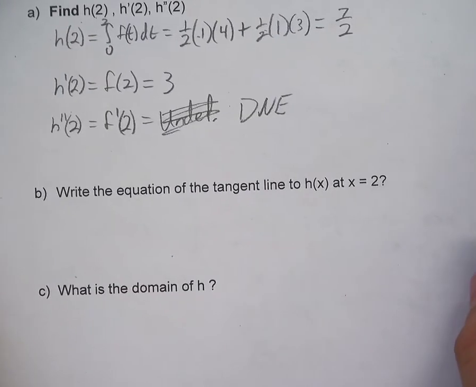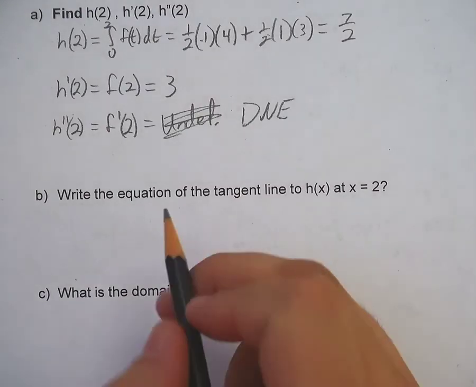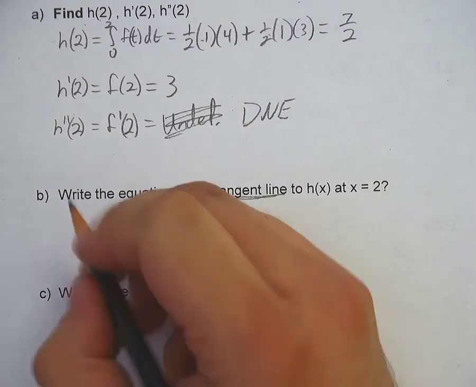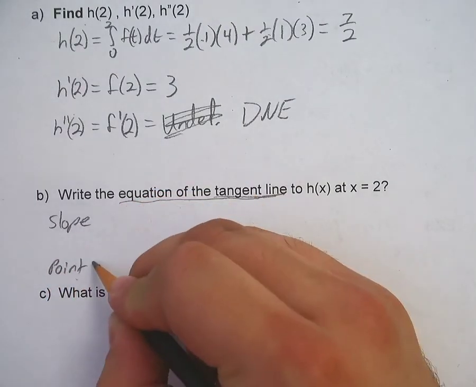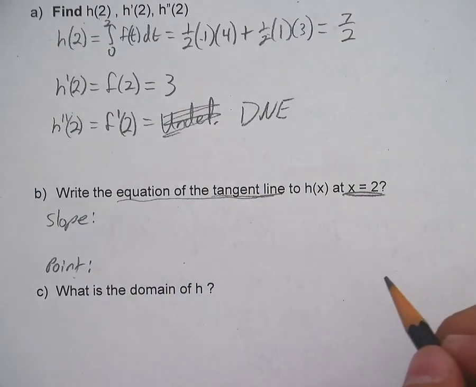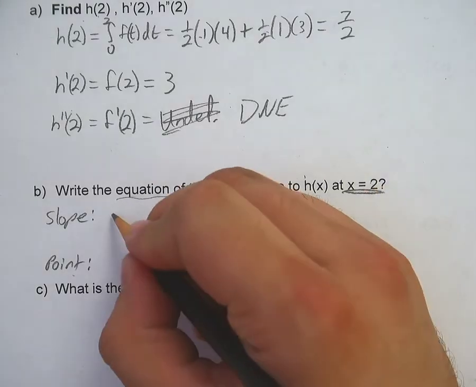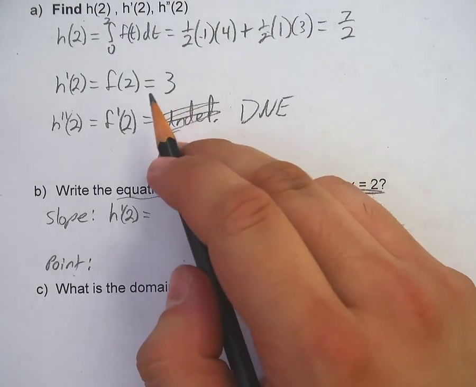And then, oh Lord, write an equation of a tangent line to x? What? Okay, I see equation of tangent line. Well, we all know that a tangent line means I need a slope and a point, right? At x equals 2. Well, how do you find the slope at x equals 2? You would have to do h prime of 2, right? H prime of 2, which is, whoa, we already figured that out.